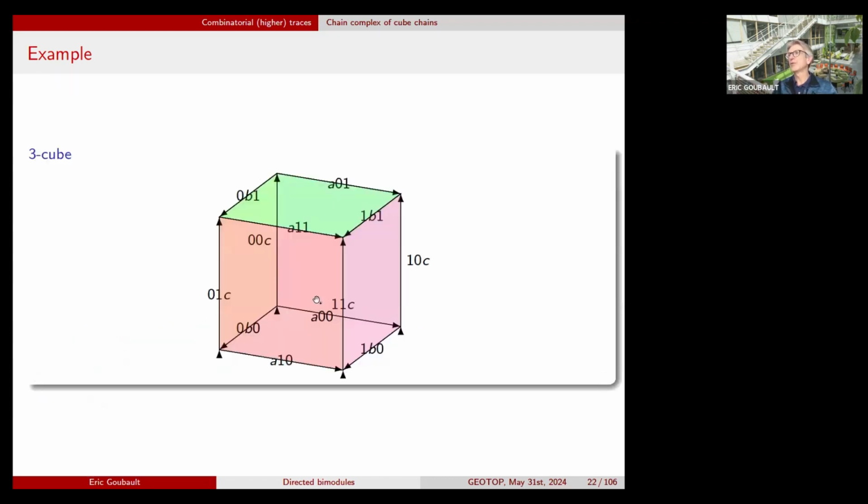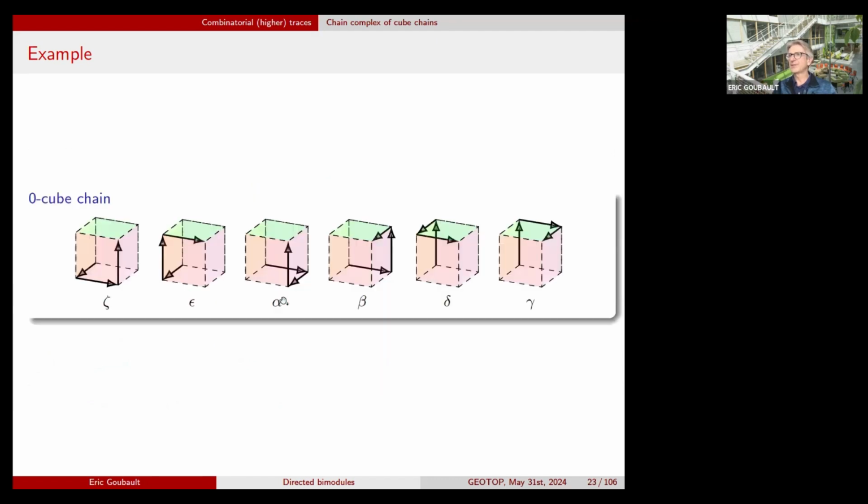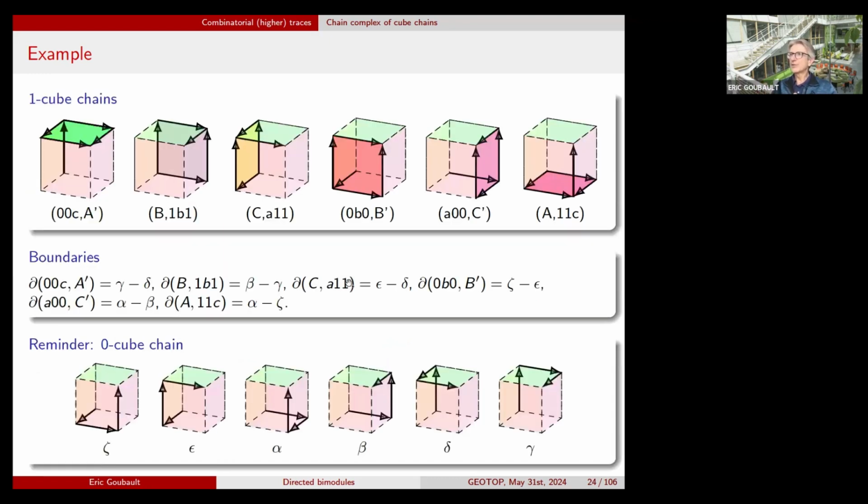Okay, for a 3-cube, you have to understand what are the different 0 cube chains and 1 cube chains. So the 0 cube chains are just directed paths, as I told you. So the maximum ones from beginning to end, there are just 6 of them, the ones that are pictured here. And the 1 cube chains are going to be pre and post compositions of just 1 square. So you have also 6 of them. So you have this square pre-composed by that arrow.